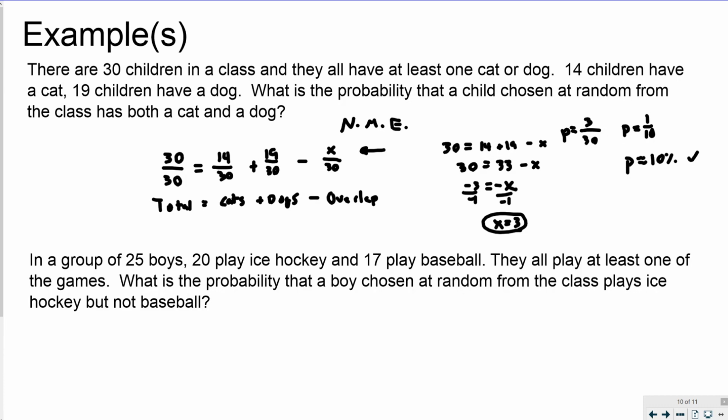Okay. Next example. In a group of 25 boys, 20 play ice hockey, and 17 play baseball. They all play at least one of the games. What is the probability that a boy chosen at random from the class plays ice hockey but does not play baseball? So we're going to use the same formula that we did before because these, again, are non-mutually exclusive events.